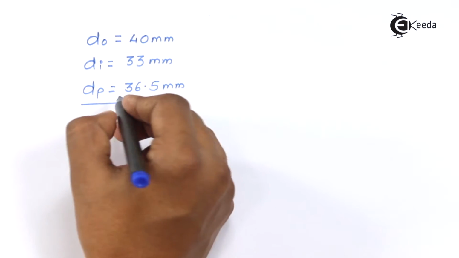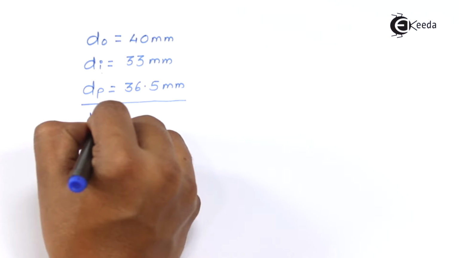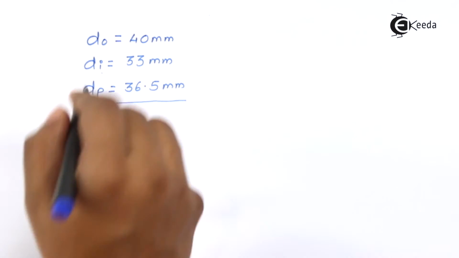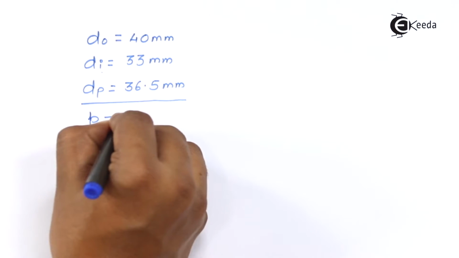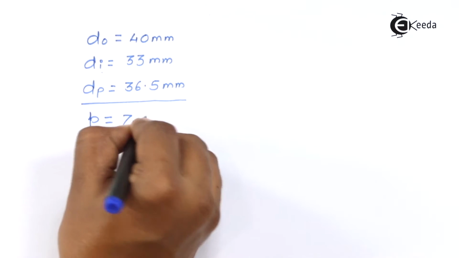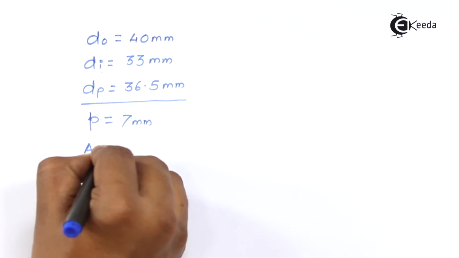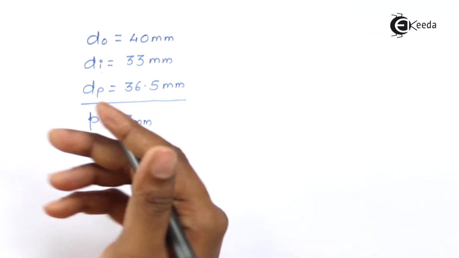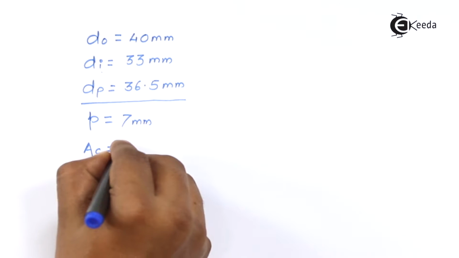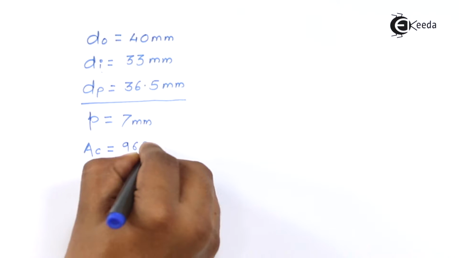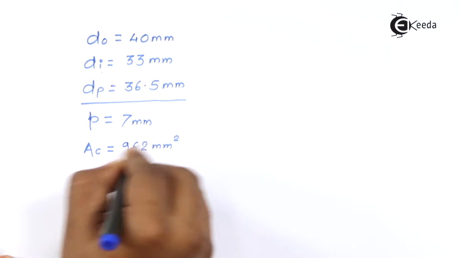So this is the pitch diameter, and the pitch which is desired for this combination, again from the PSG data book, comes out to be 7 millimeter. Along with which the area of the core diameter comes out to be 962 millimeter square.